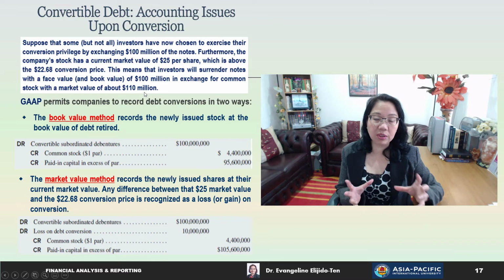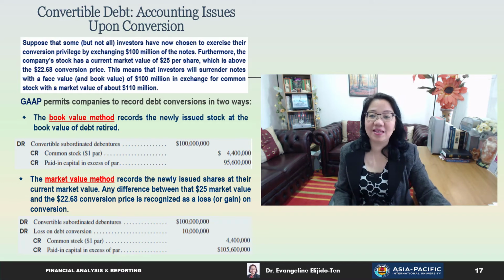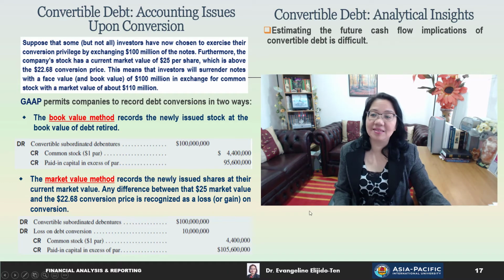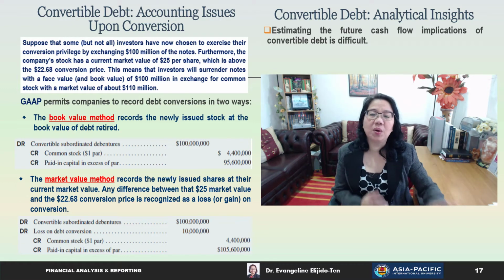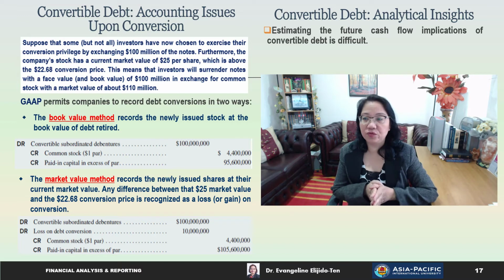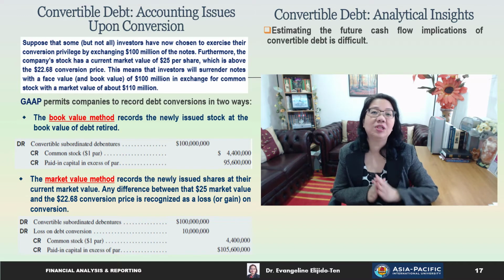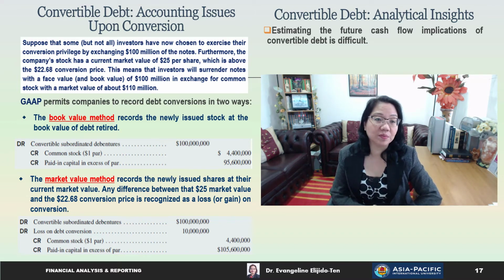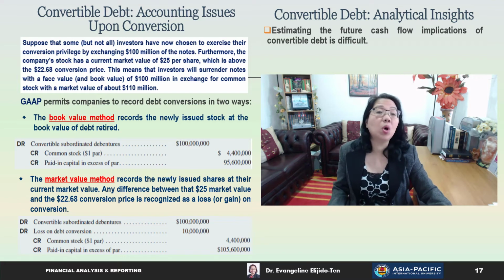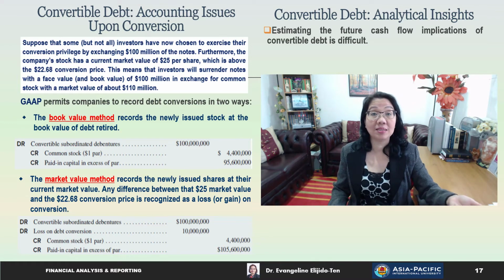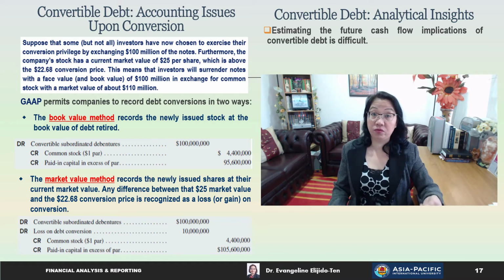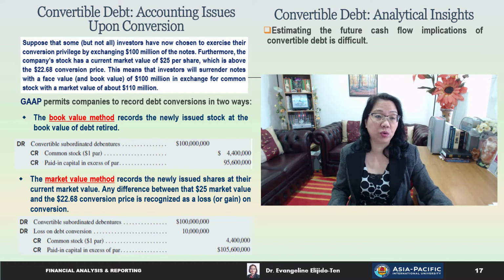That was rounded. Let's now consider some analytical insights that we can get from convertible debt. Now, estimating the future cash flow implications of convertible debt is difficult. This is because it's necessary to consider both the scheduled interest and the principal payments for the debt, as well as the likelihood of the conversion prior to maturity.